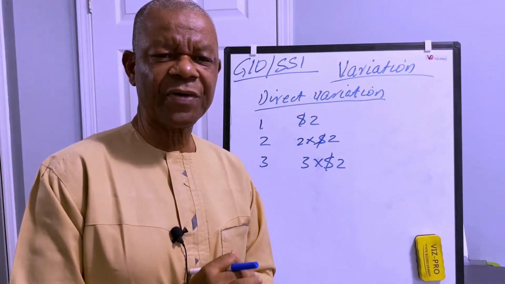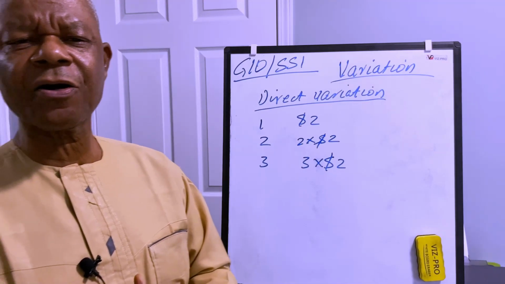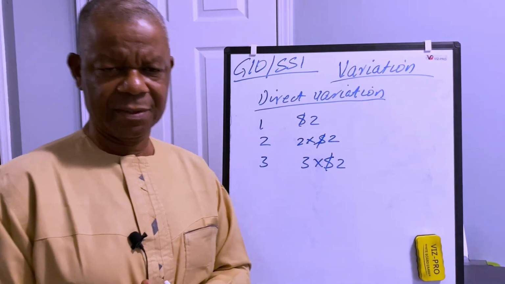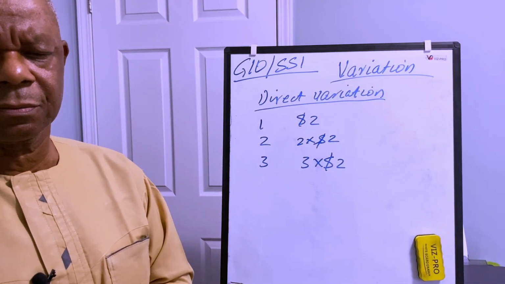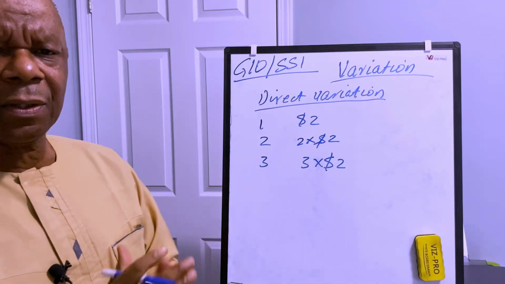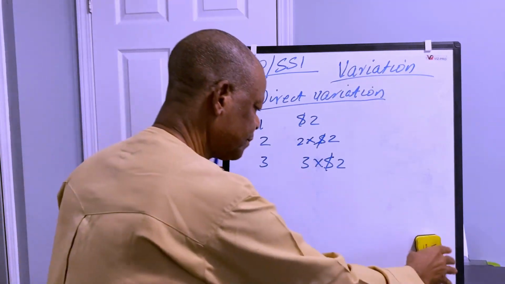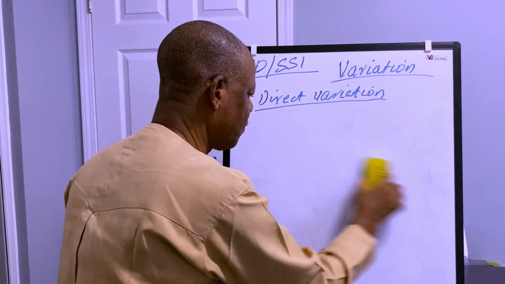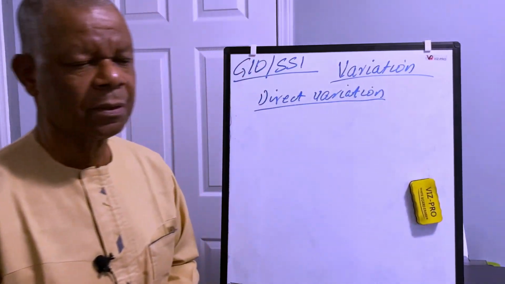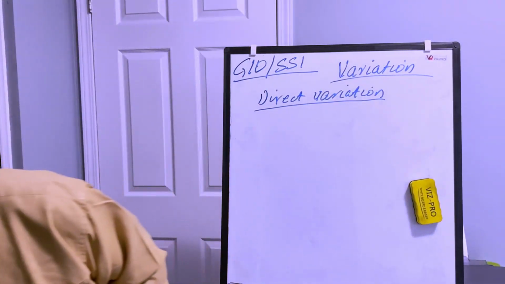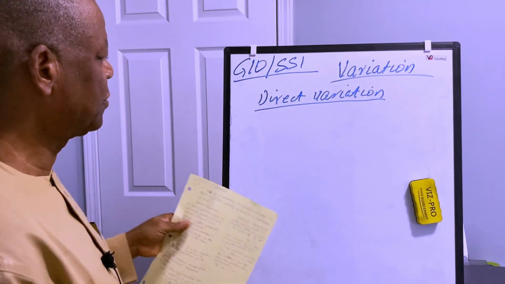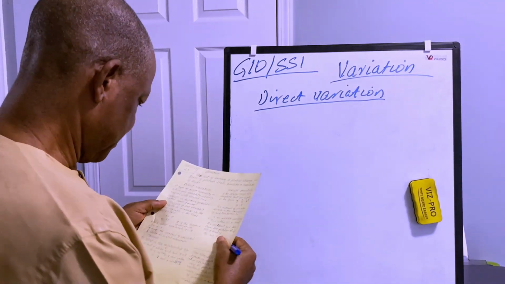In each of these variations, we need to find the constant, that proportion. Let's have one or two examples. We are given two variables.